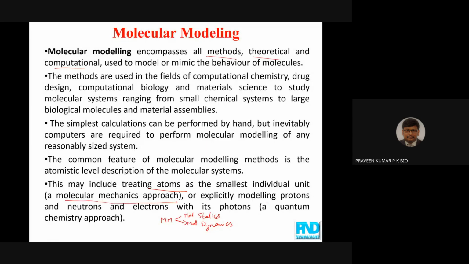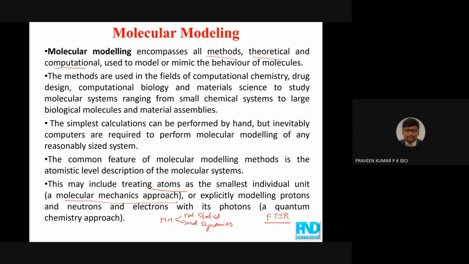So if you want to determine the atoms and functional groups, generally we go with FTIR, Fourier transform infrared spectroscopy. Here, we can distinguish each and every atom in a molecule. The functional groups can be identified, especially the functional groups in a drug molecule.